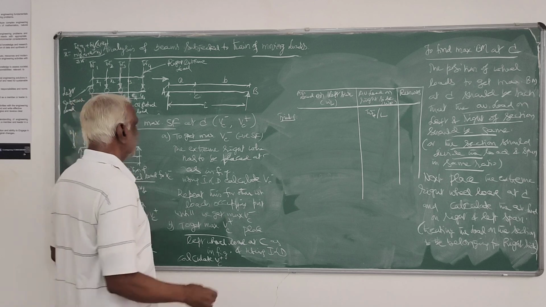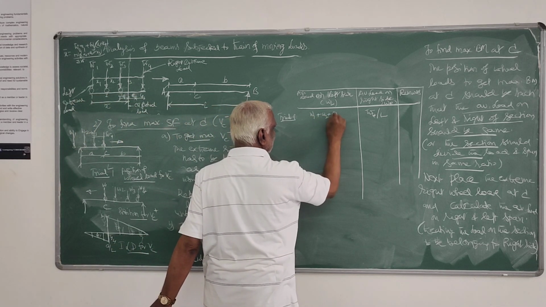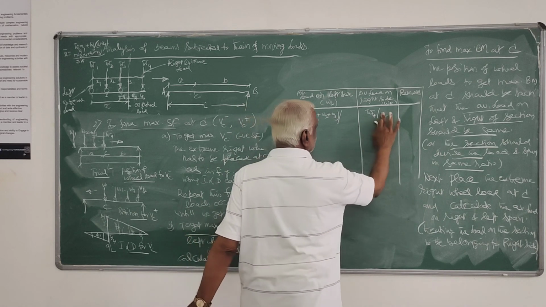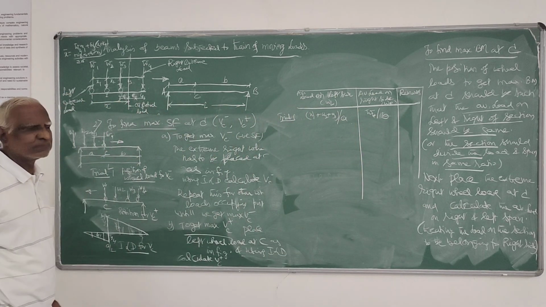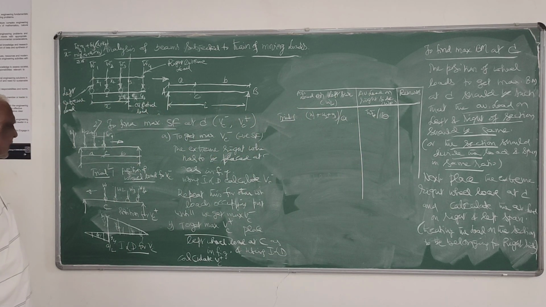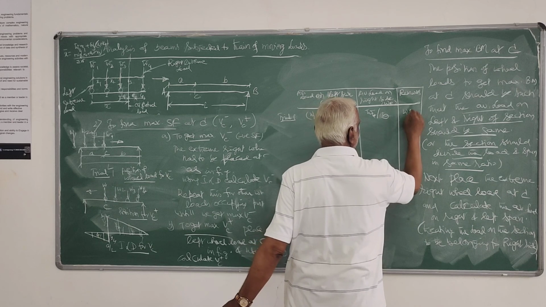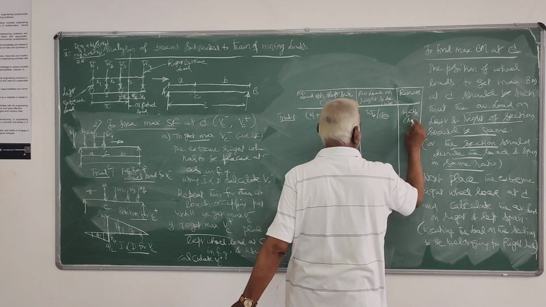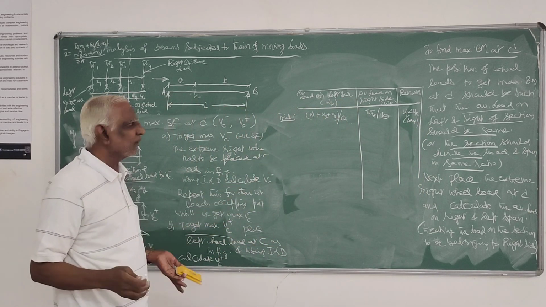Then here this will be W1 plus W2 plus W3 divided by, this is B, sorry, this is A. Average load on left side and average load on right side. So in remarks, you just say WL greater than W or less than W or same, or vice versa.